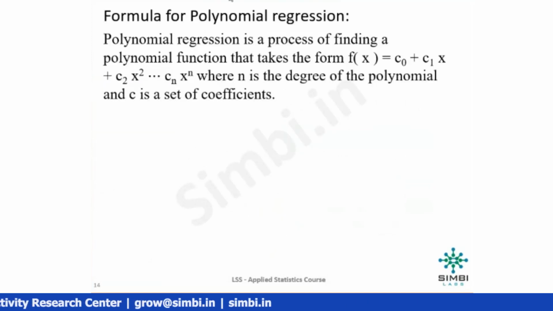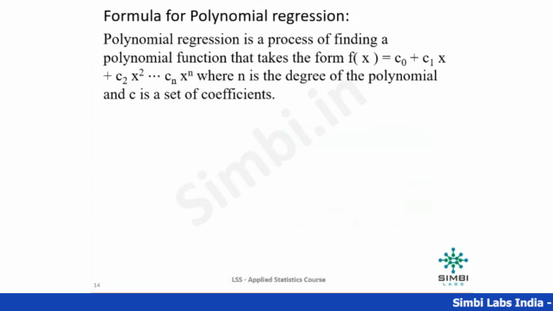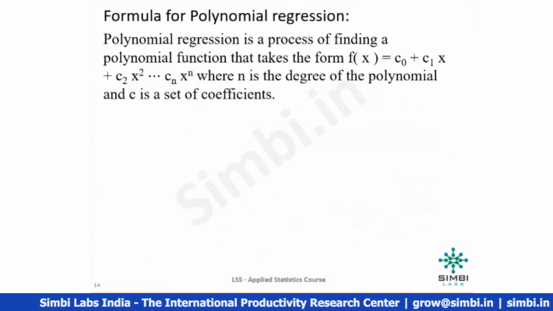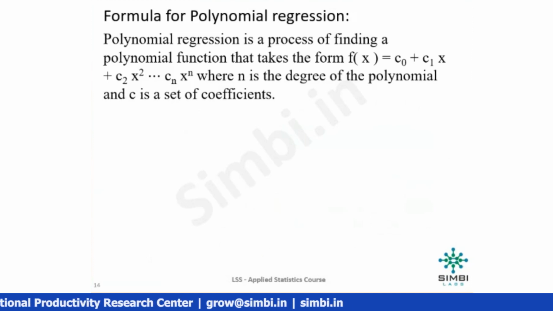So, the formula for polynomial regression. The main theme of polynomial regression is to find the right degree value. To find the right degree of the equation, we can use forward selection and backward selection.